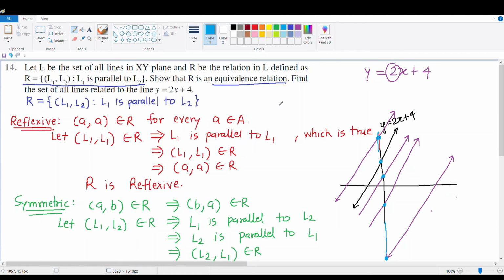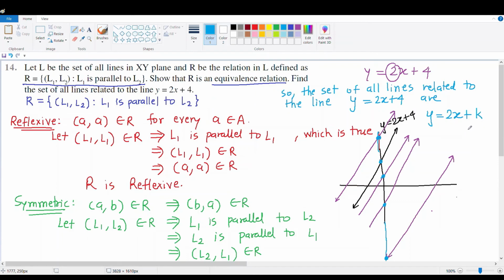So I can write here that the set of all lines related to the line y equals 2x plus 4 are y equals 2x, and then I am going to write just k, where k can be any number.